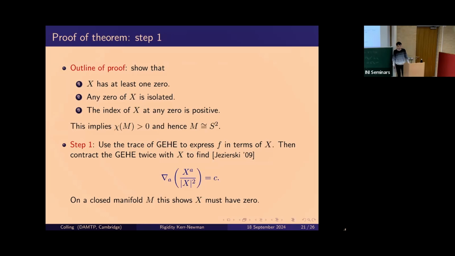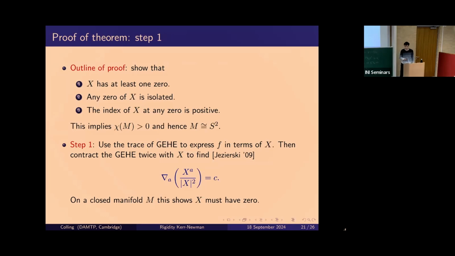And now if x were to be nowhere 0, then x over x squared would be a globally defined vector field. However, the divergence of any globally defined vector field on a compact manifold has to change sign. So this is not possible since c is not 0. So we find that this cannot be globally defined. So x must have at least 1 zero somewhere.